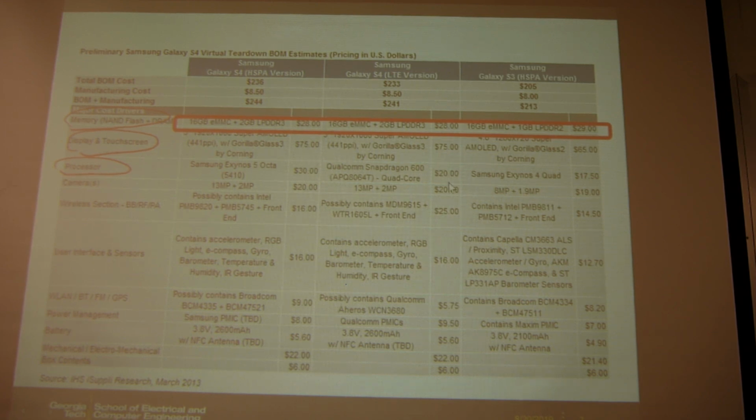So the memory components are actually comparable to or even more expensive than your processor. So this is the major cost for the smartphone. Of course, you have other modules like the wireless sections, and also the battery, power management, and so on.